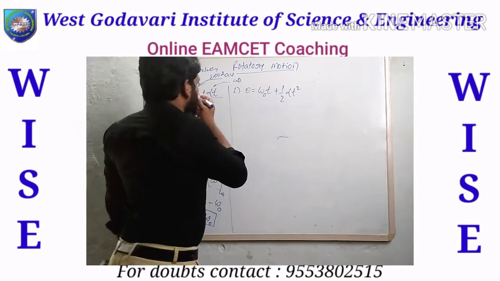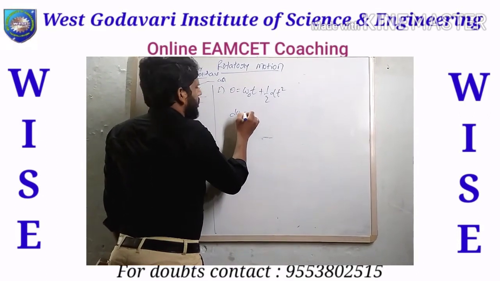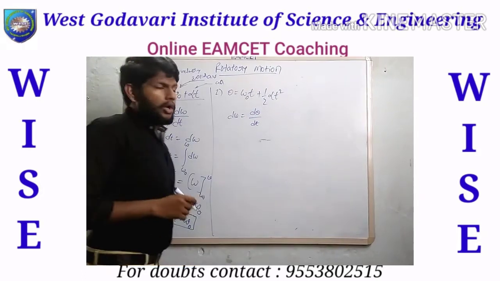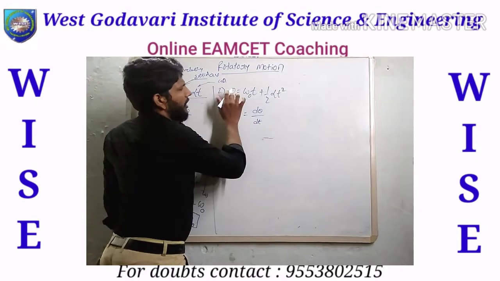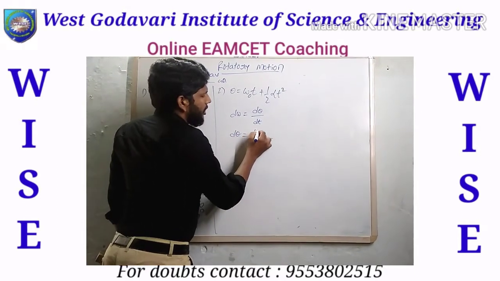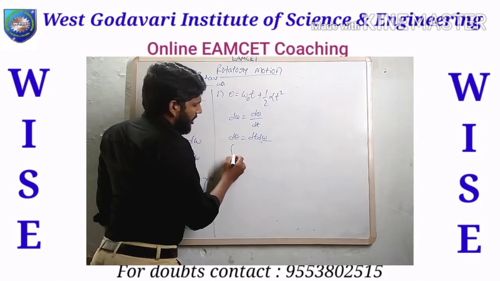Let us consider the formula. What is the formula for angular velocity? Omega equal to d theta by dt. Now you need to find theta, so separate: d theta equal to omega dt. Integrate on both sides.